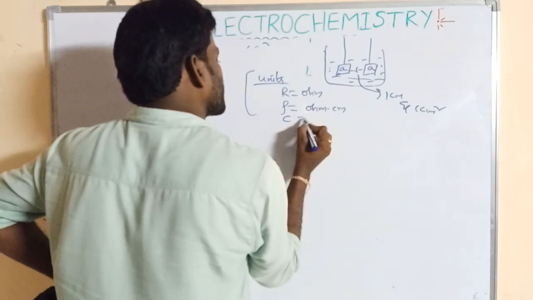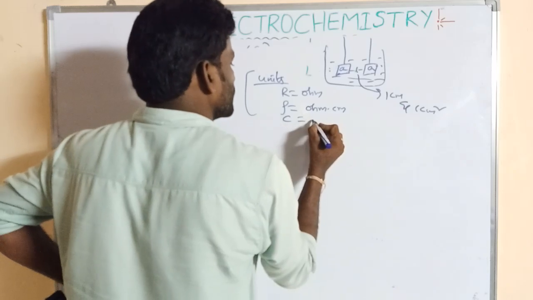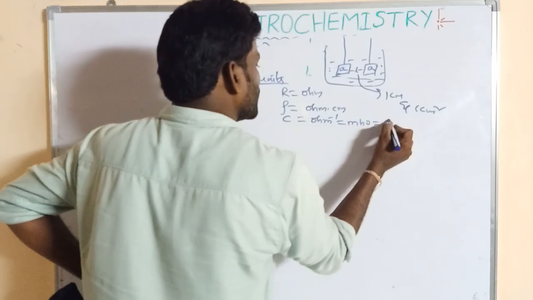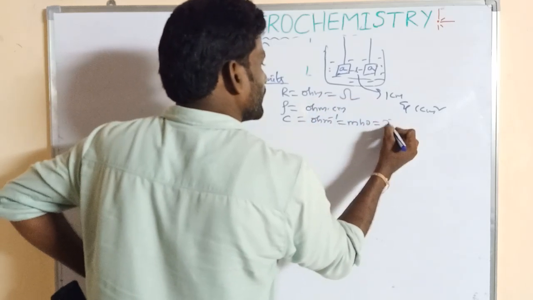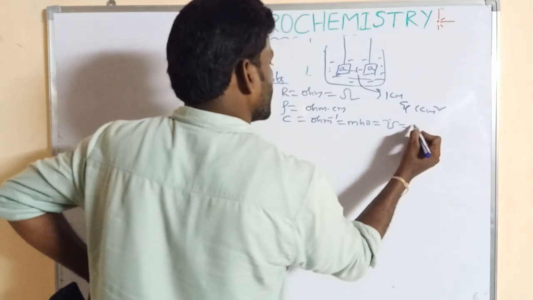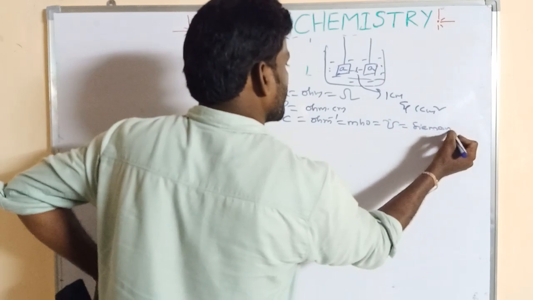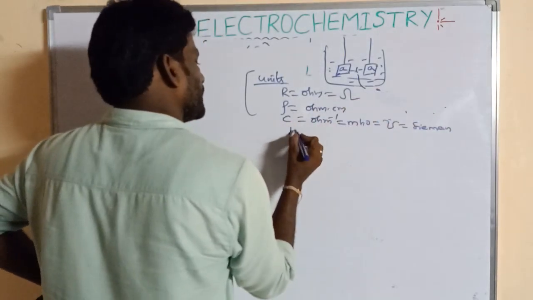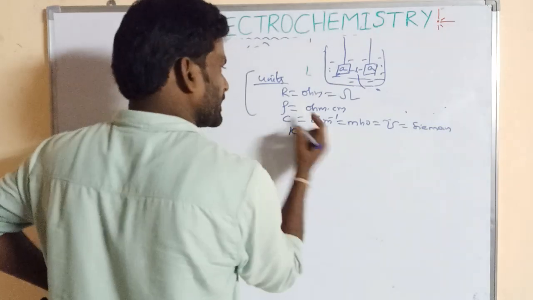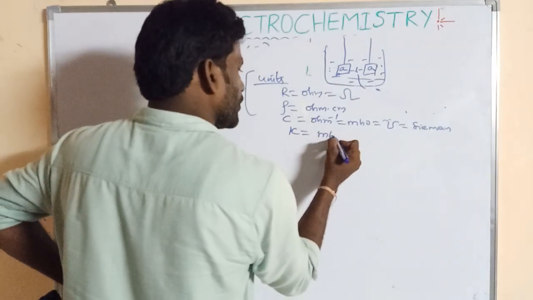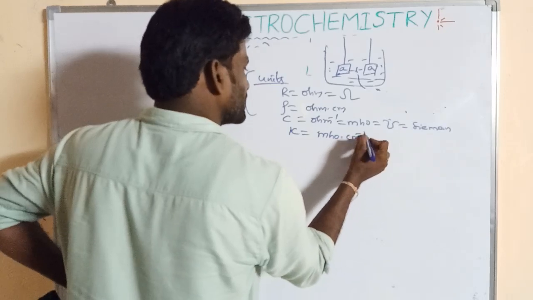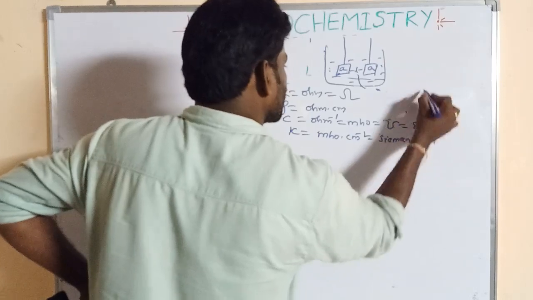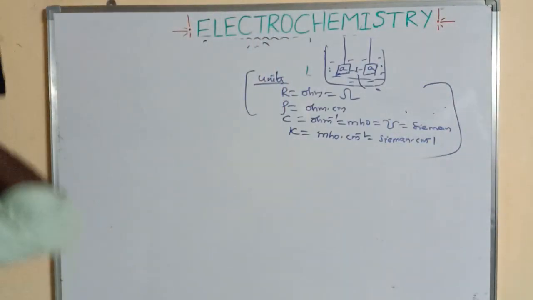Conductance has units of ohm inverse, mho or Siemens. Kappa is 1 by rho, with units of mho into centimeter inverse or Siemens into centimeter inverse. So these are the units of these four characteristics.